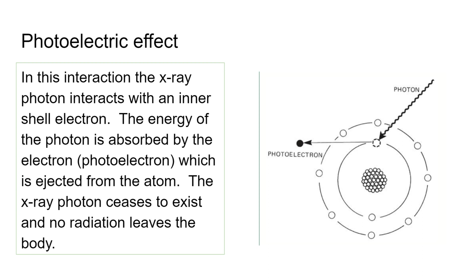They even give it a new name. It's now a photoelectron. So this, by definition, is now an ionized atom. Okay, it's lacking 1 electron.